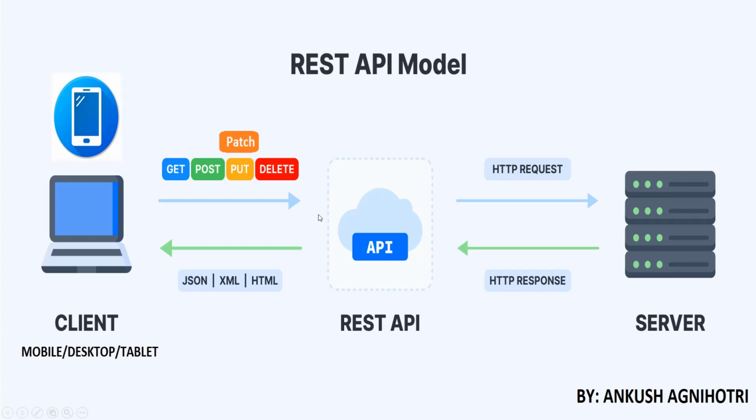So you can see REST API is a bridge between the client and the server which helps us to communicate. It sends these 5 kinds of messages in the HTTP request and sends back the response in JSON, XML, HTML or plain text, the format that you want to see on your apps, or you can say the websites.